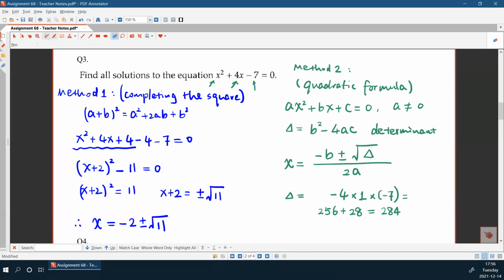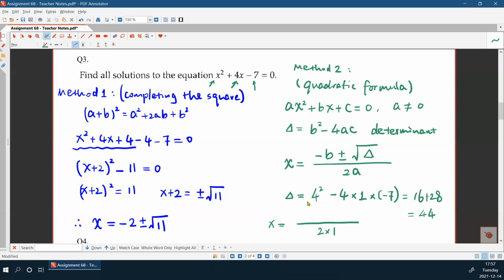This should be b squared, which is actually 4 squared, right? Not 16 squared. So 16 plus 28 is 44, right?